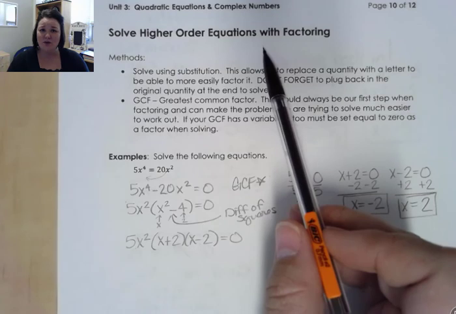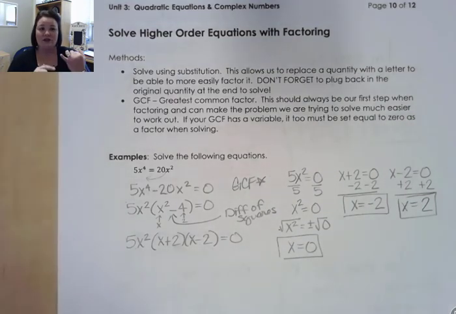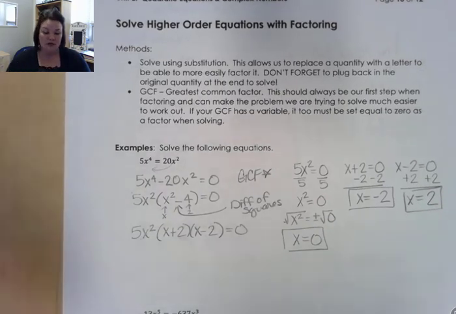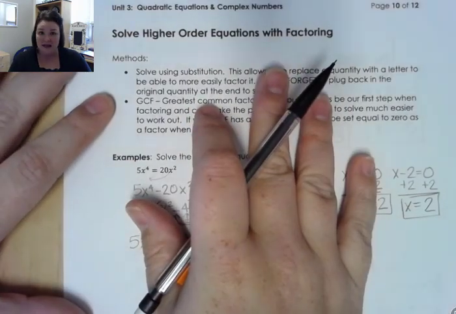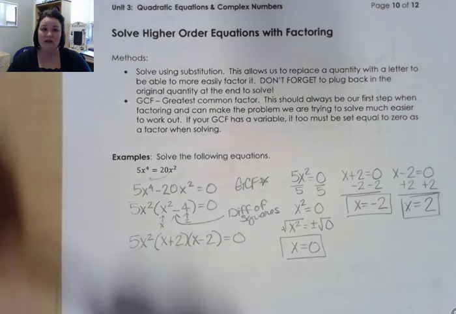I don't care how you work it, as long as you show me your work so that I can see that you factored it or used the square root property or completed the square or used the quadratic formula. This assignment and that worksheet will now be due, and that concludes Unit 3. So don't forget to prepare yourself for the Unit 3 exam.